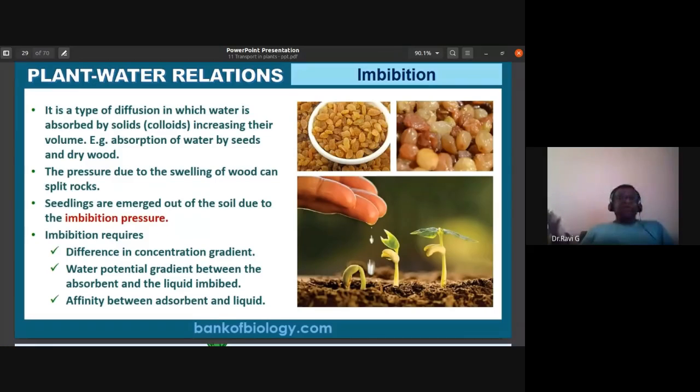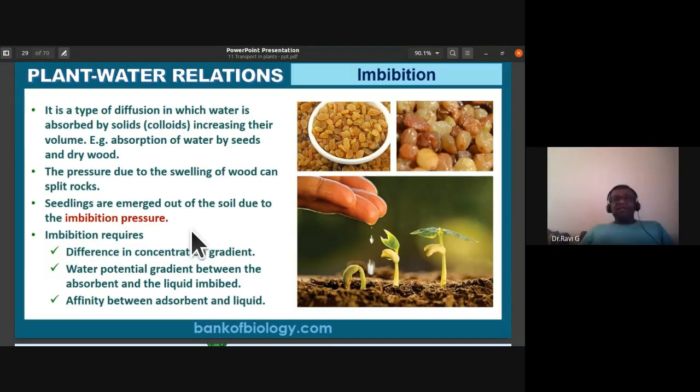In the absence of trinitrotoluene, TNT, or dynamite, they were using this mechanism of imbibition to break the boulders. Seedlings also emerge out of the soil due to the imbibition pressure.